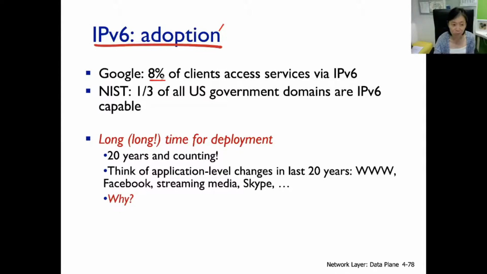So NIST releases this: 33% of the US government internet is IPv6. The US government is strongly promoting the move to IPv6. And to make the numbers even more pathetic, this is after 20 years of effort.